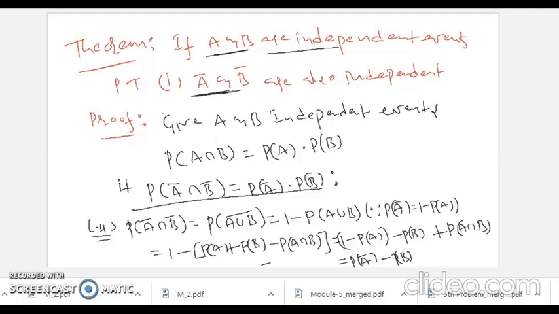Because A, B are independent events. That's why in place of P of A intersection B, we write P of A into P of B.